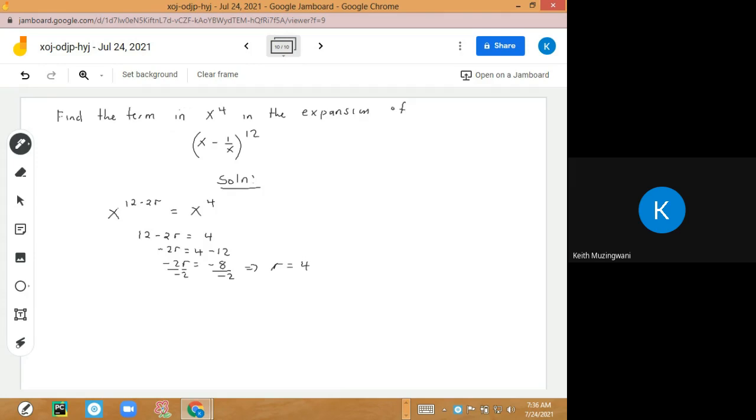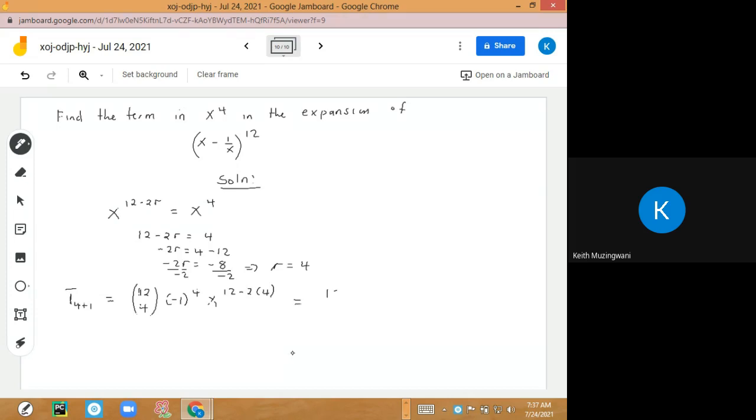There you go back and say T(4 plus 1) is equal to, you substitute, r is 4 now. Remember there was a negative 1, power 4. Then you write x^(12 minus 2 by 4).